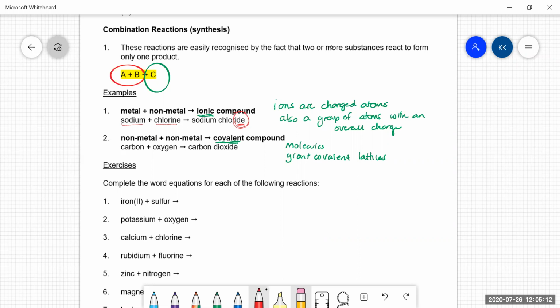Okay. We also name covalent compounds with this ending of "ide", but in a covalent compound, we actually have little prefixes to say how many of each type of atom there is. So CO is called carbon monoxide, whereas CO2 is called carbon dioxide. If there's more than one of the first atom, you use a prefix for that as well.